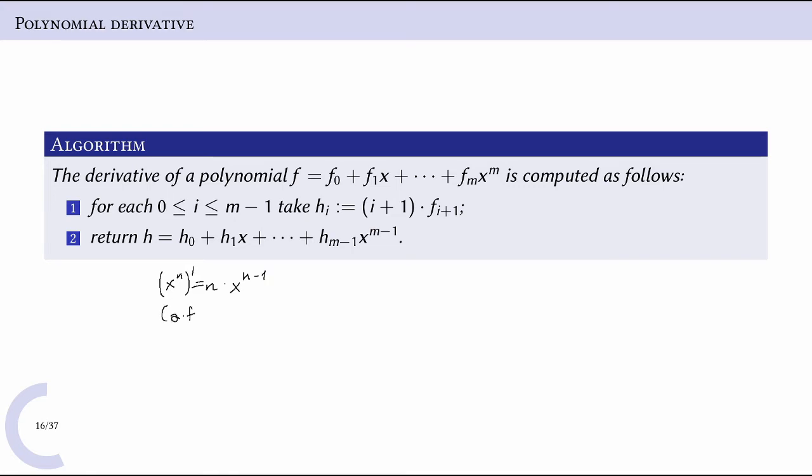The derivative of a times f, where a is a constant, is nothing else but a times f derivative, and the derivative of f plus g is f derivative plus g derivative. These three known properties of the derivative give rise to the algorithm that we see here. So we take this polynomial, we use the last property of additiveness of the derivative, and so we treat each of the terms separately.